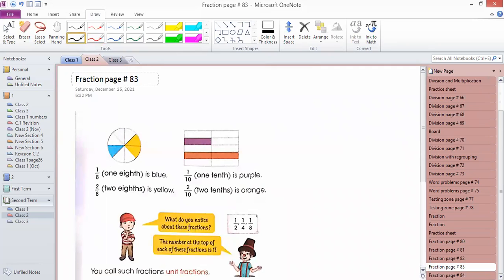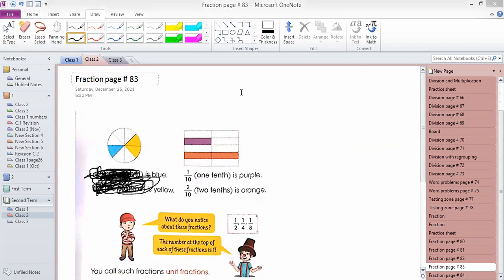On page number 83, I am going to ask you some fractions. So get yourself ready. I'm going to ask you a fraction, and I have covered the answer so that you cannot see it on the screen.